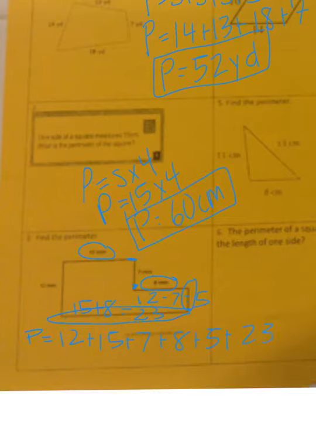And then I'm going to go ahead and start simplifying. 12 plus 15 is 27, and 7 plus 8 is 15, and 23 plus 5 is 28. And then the sum of all of those gives you a final answer of 70 millimeters.